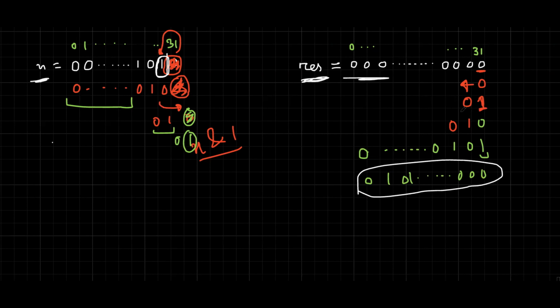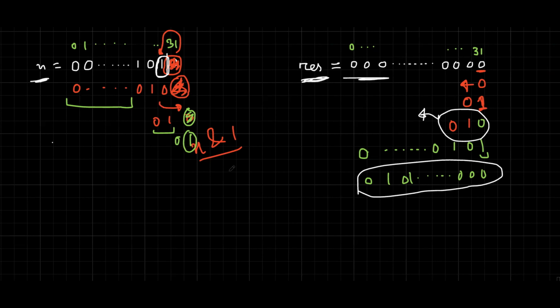That's why we shift all of the bits to the left side by 1 time. That's why we are applying the left shift operation to the resultant bits. Finally, by applying these operations repeatedly, we can reverse all of the bits. I hope you understood the algorithm.